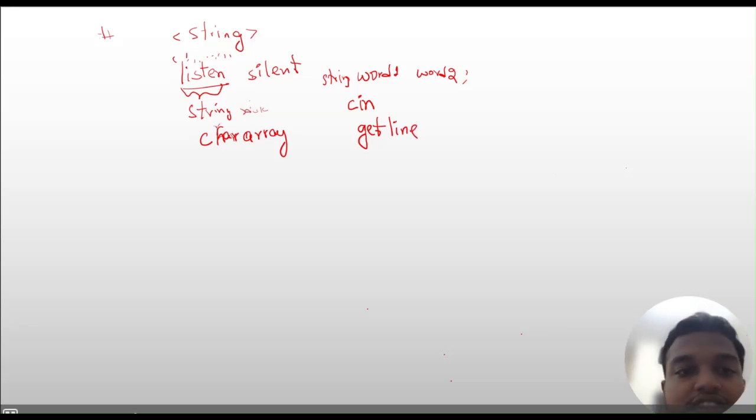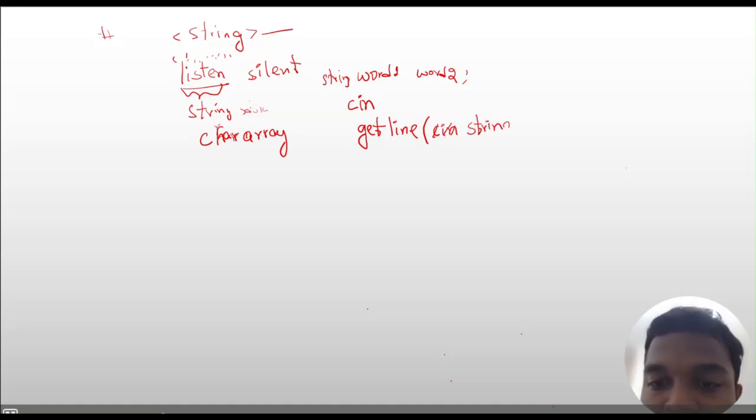To use this function, we need the string library, because the getline function definition is in the string library. So what exactly is the getline function going to do? It is like getline(cin, word), whatever the string is.